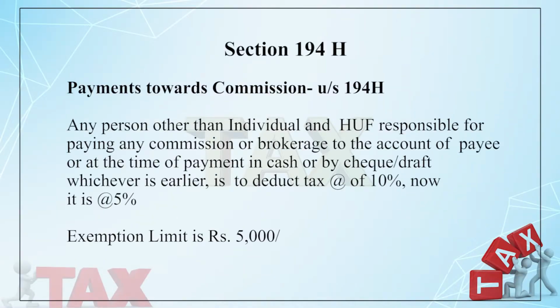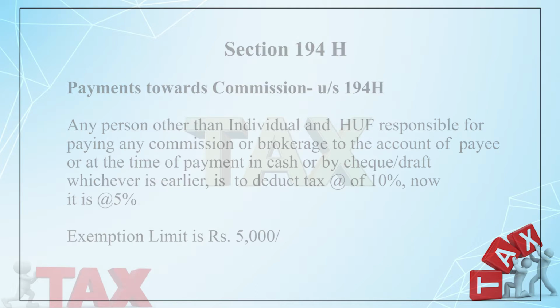In all these cases, section 194H is applicable. It says very clearly that tax is to be deducted while making payment to the person who provided the service and is getting an income in the nature of commission or brokerage. The rate applicable was earlier 10%; from 2016, it has come down to 5%.